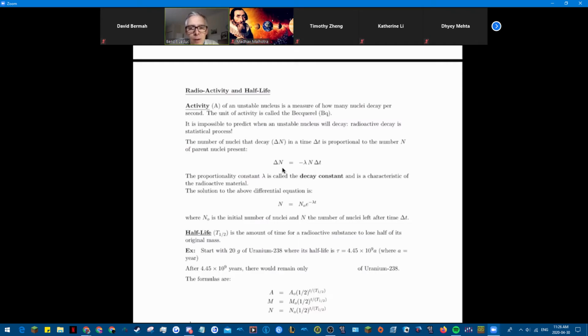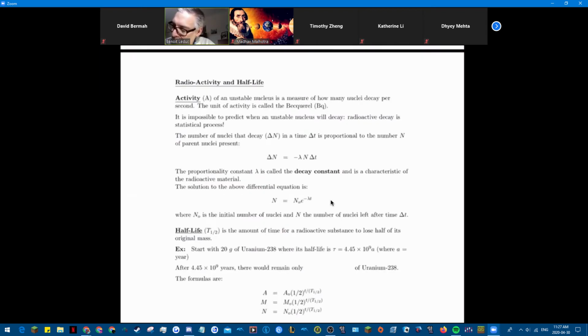Now, whenever you have a relationship like this, where the change in numbers is proportional to how much you have initially, you can turn this into a differential equation. When you solve for this, this is what you get. You should be familiar with this. You don't have to write this down.